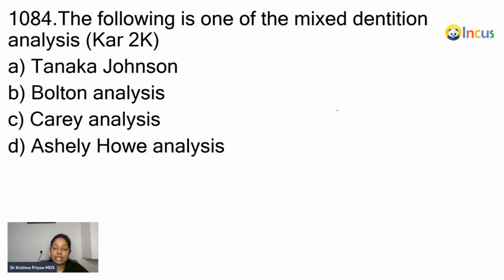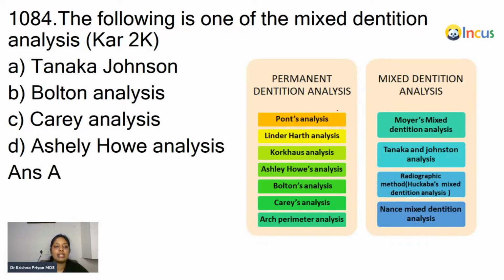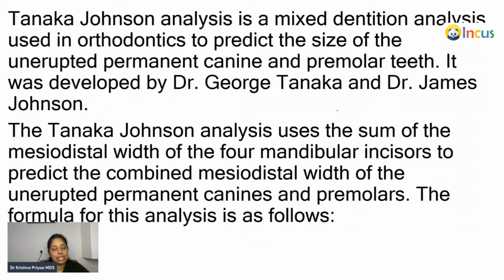We know Bolton's is a permanent dentition analysis, Carey's is a permanent one, and Ashley-House is also a permanent one. So the answer will be Tanaka-Johnson, which we've already seen. Moyes, Tanaka-Johnson, Hixon-Oldfather and Nance analyses fall under mixed dentition analysis. This is used to predict the size of unerupted permanent canines and premolars, and it was developed by George Tanaka and James Johnson.